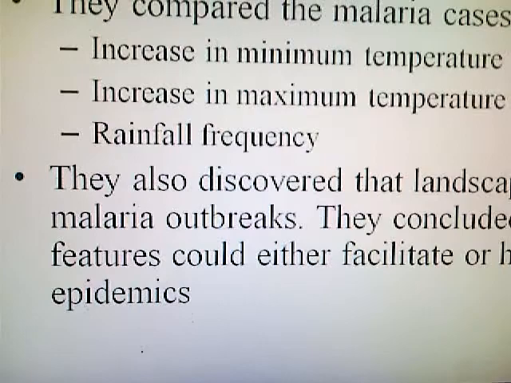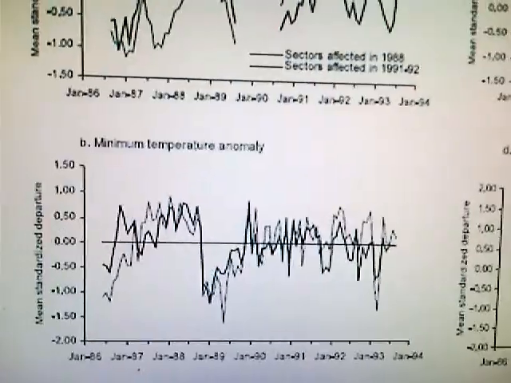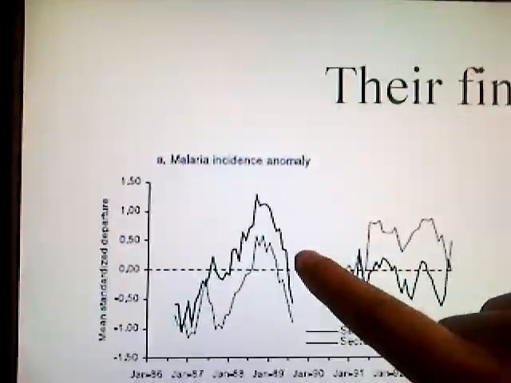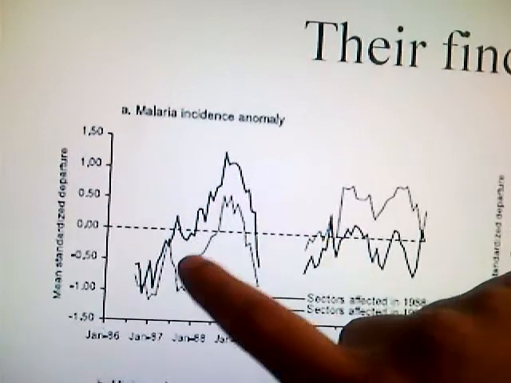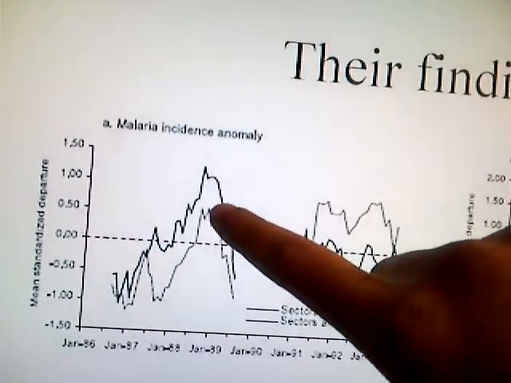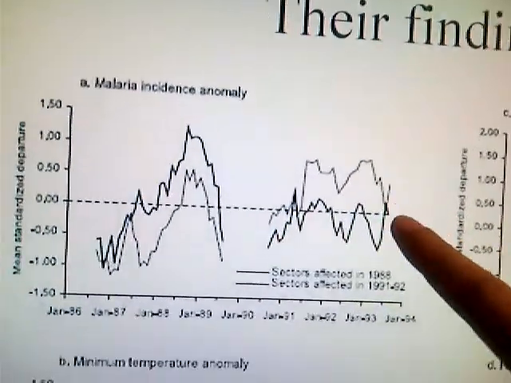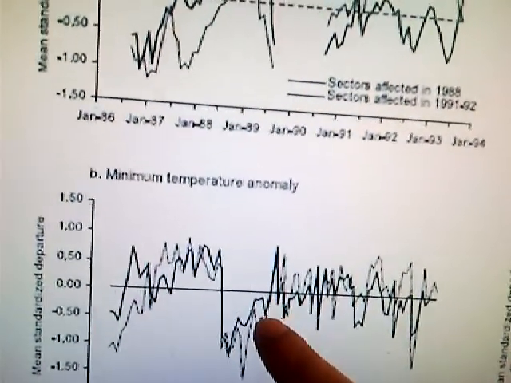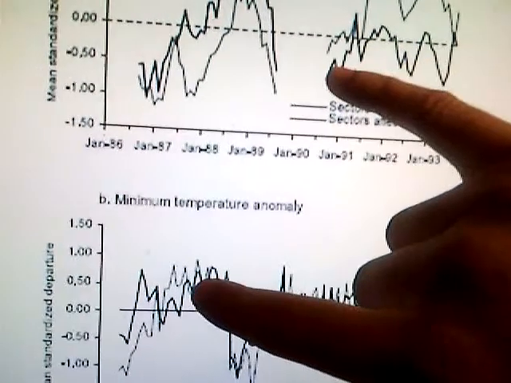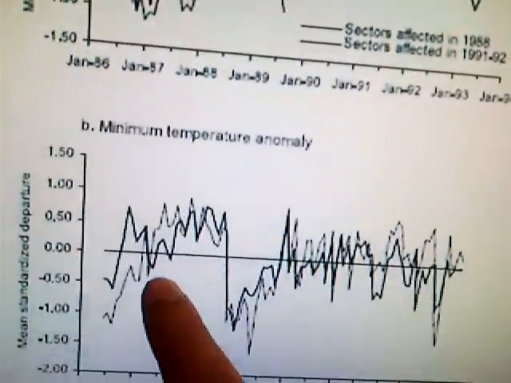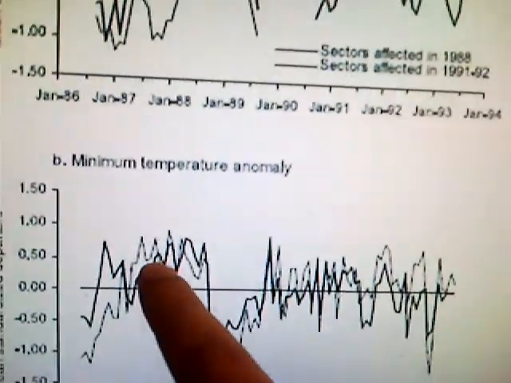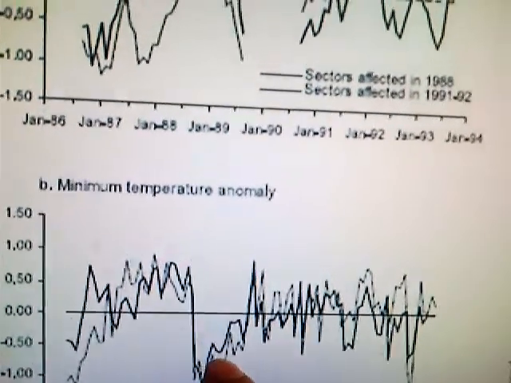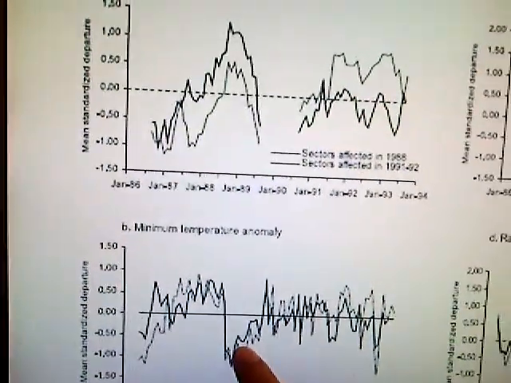But as we can see, malaria case incidence anomaly, so this is basically the increase in malaria cases throughout the years. And they found that this graph corresponds to this more than any other graphs that are out there. So basically, which leads them to conclude that increase in minimum temperature will have a big impact on malaria cases. So basically, this is the increase in maximum temperature.